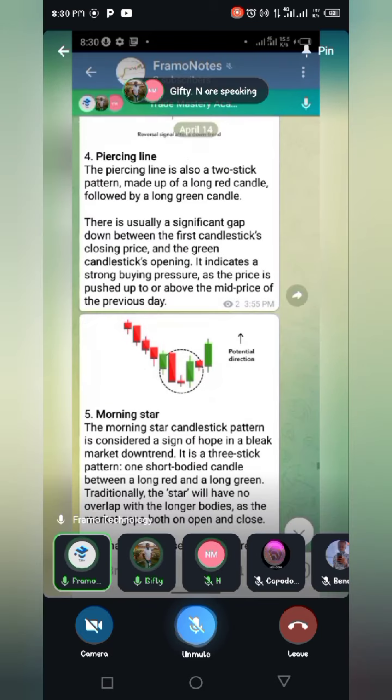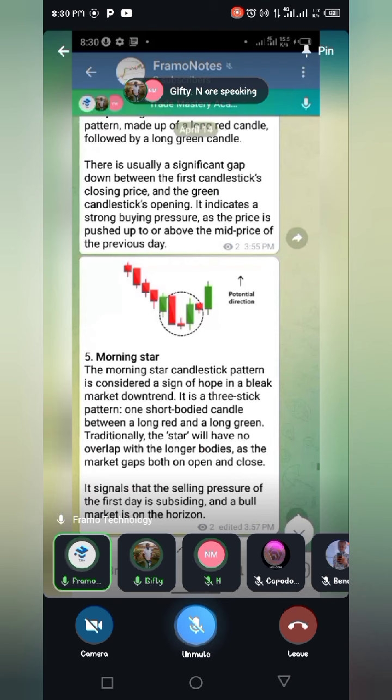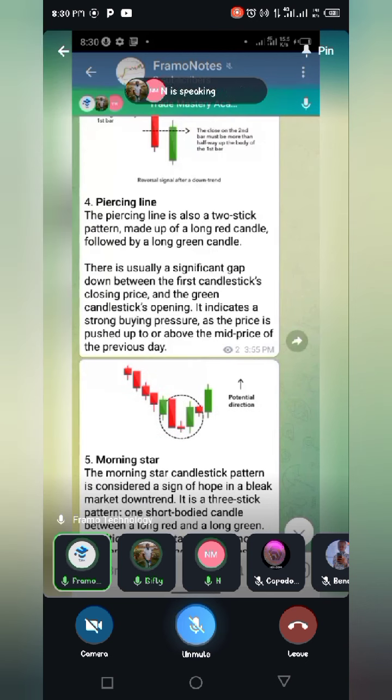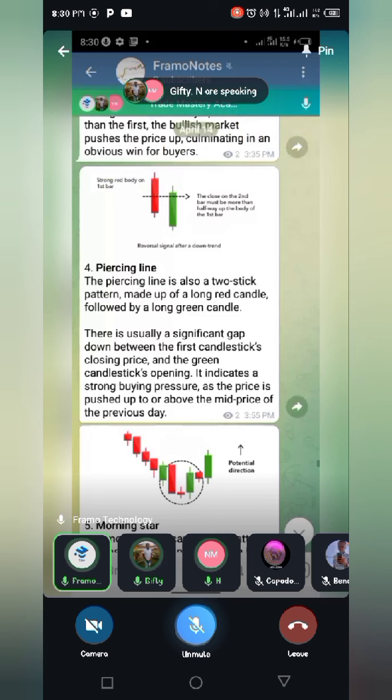As we said yesterday, when a pattern is formed, we call it a breakout. A breakout means it has to deviate from the original trend. We will say that at half of the candle, it has broken out.